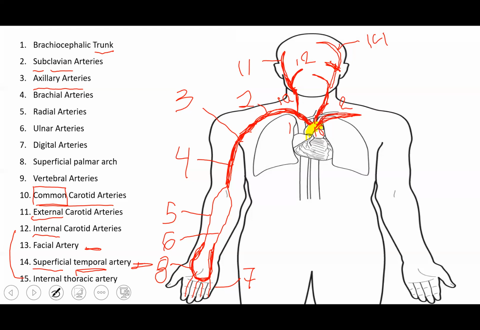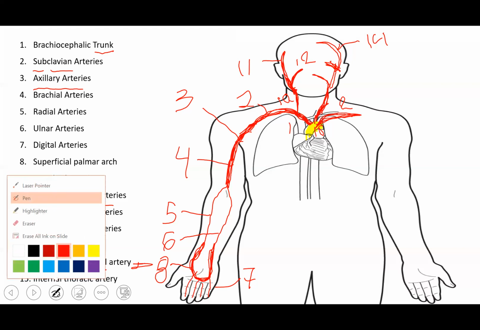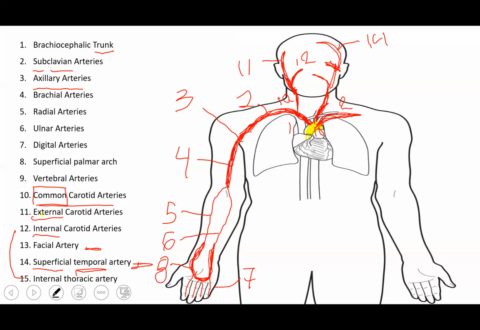Before we move on to the next slide, which is essentially looking down at the abdominal cavity and the legs, I do want to point out that the aorta, the descending aorta, travels behind the heart, on the posterior side of the heart, and ultimately down into the abdominal cavity.